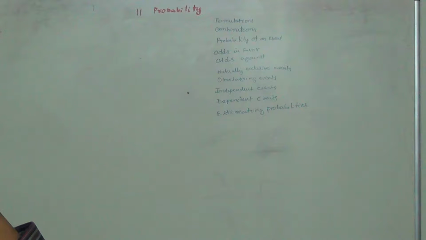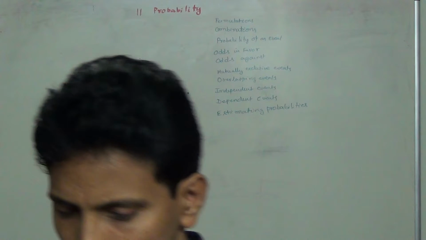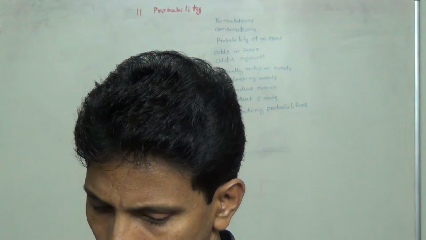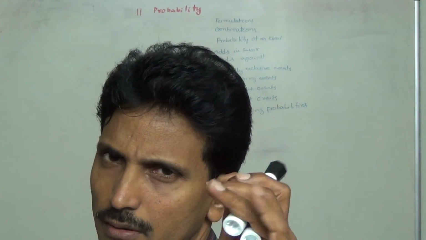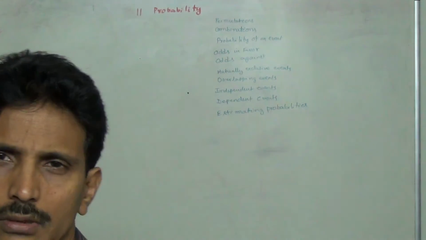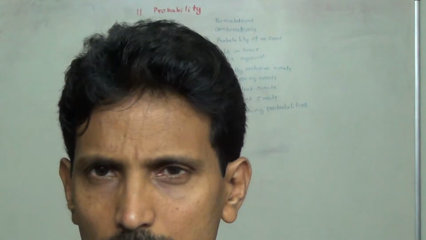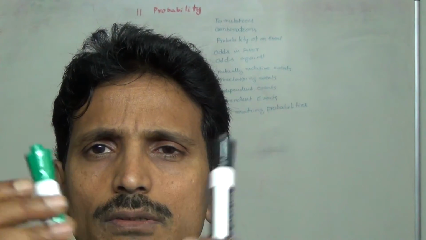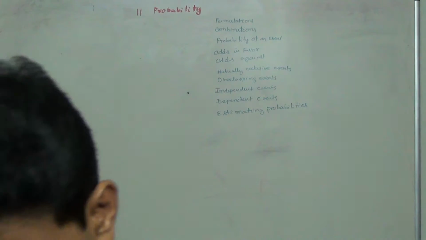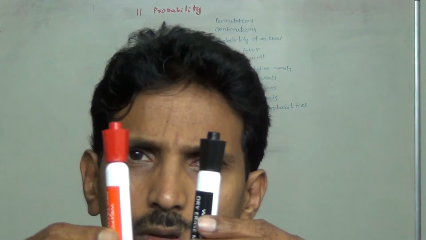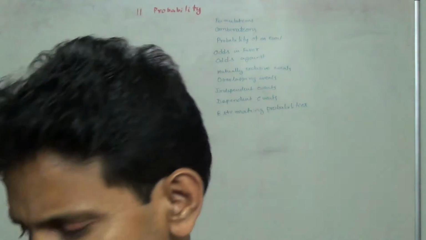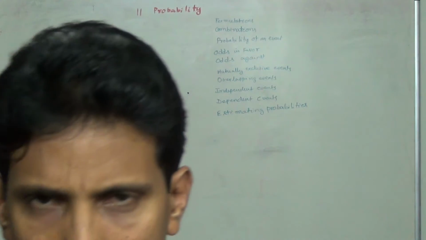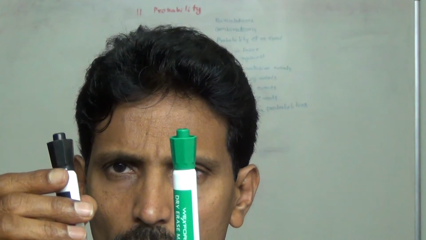So, for example, if you want to put an order of these three pens in two combinations, you can put first this one and this one combination, change the order, second combination, third combination, fourth combination, fifth combination, sixth combination.